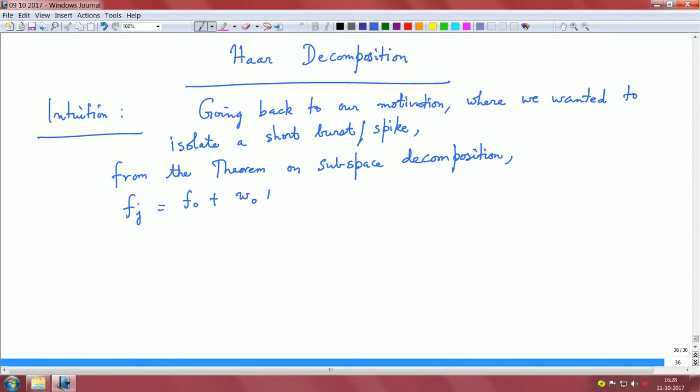naught plus W1 plus dot dot dot, right, and a component Wk belonged to space capital Wk, with width 2 power minus k plus 1.